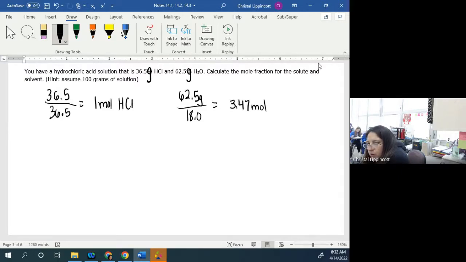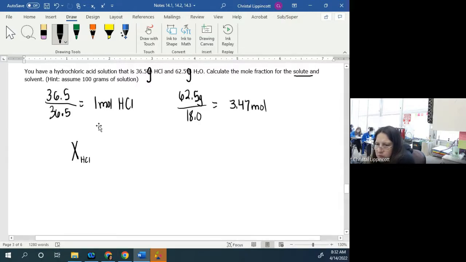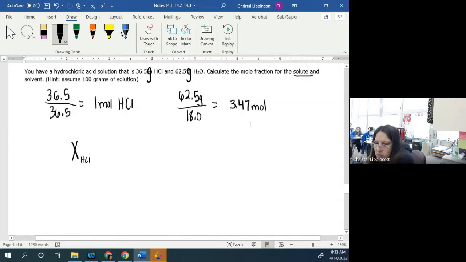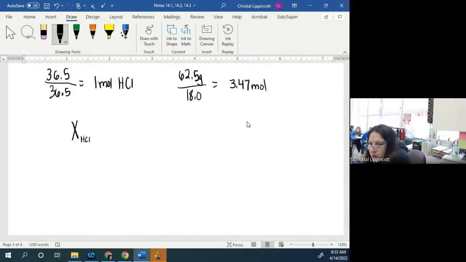Then I do part over the whole. Calculate the mole fraction for the solute and the solvent. So the mole fraction for the solute is going to be X, and then I'm going to put HCl down here instead of the X and the Y. Didn't they have X and Y's up here? A and B. Yeah, that's what they did. A and B. Yeah, you're right. So I do HCl here.